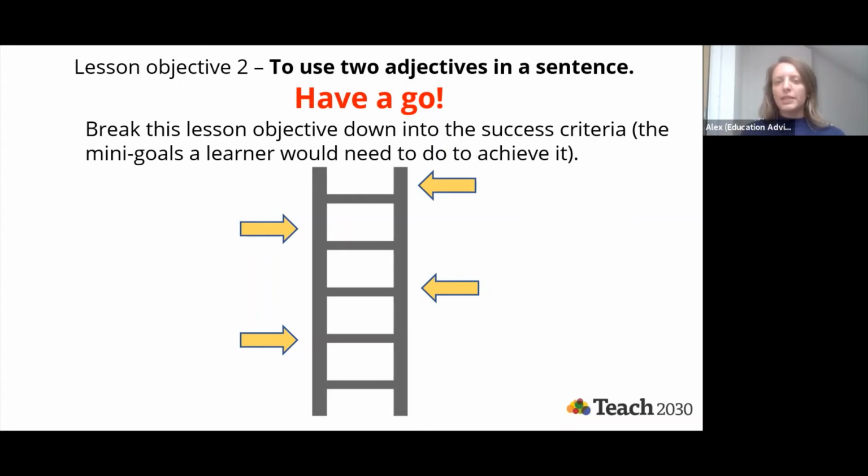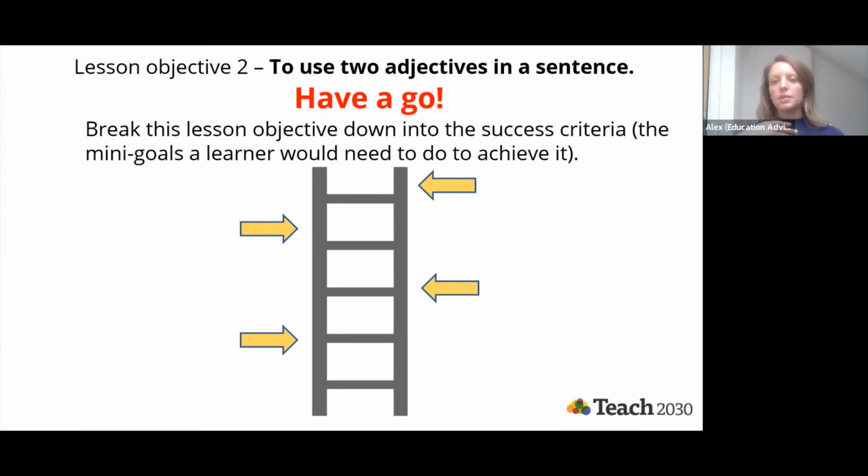But just because we say that, it doesn't mean they're going to get there. Like I've said to you, okay, use two adjectives in a sentence, do this task. And then some of you might have been going, well, hang on, what's an adjective? How can I do this task? Because I don't know what an adjective is. Alex hasn't explained that.